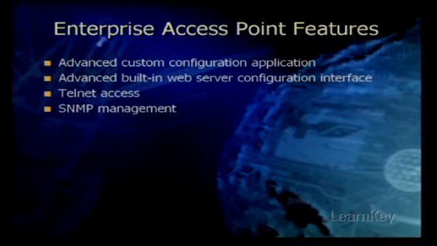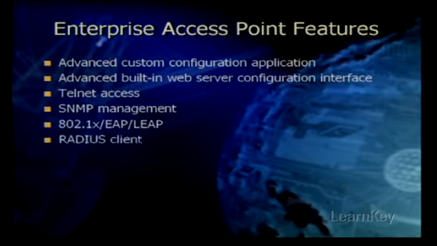Most of our latest access points do support the 802.1x authentication standard with EAP or LEAP as it's known. Radius client capability to allow us to authenticate to a back-end Radius server, thus being able to centralize authentication to the device for network admission control.